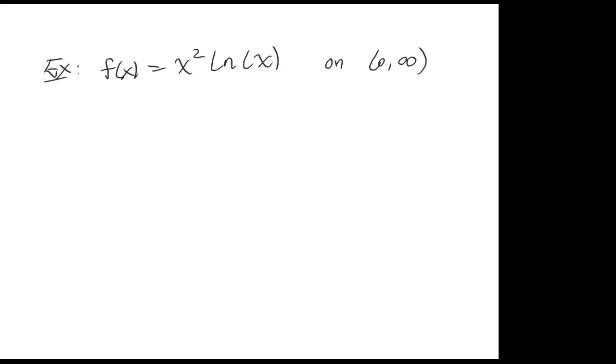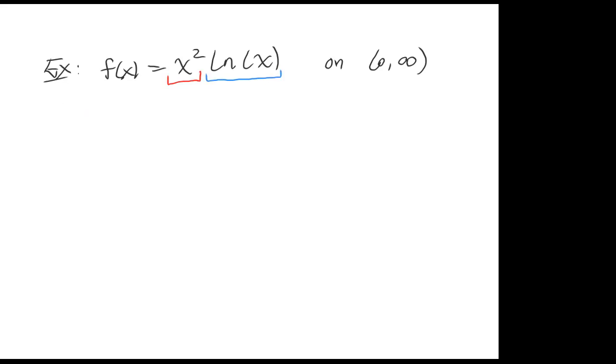So I need first derivative and second derivative to start. f prime of x is equal to, by the product rule, I have two functions. Here's one function. Here's a second function. They're multiplied together. So I'm going to use the product rule to write the derivative.